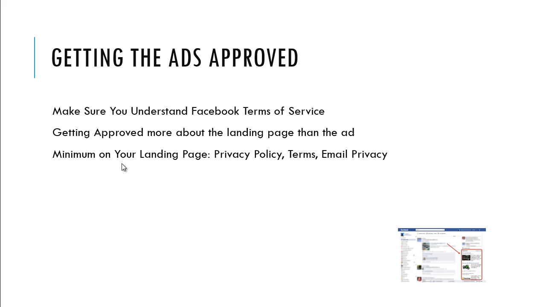And if you're collecting names and email addresses, you want to have these things on your website because they would say to the FTC that you are doing real business and that you respect people's privacy. Let's talk about privacy policy, terms, and email privacy. I think it's probably easier for me to just show you an example of some Facebook ads and then show you exactly what I'm talking about.